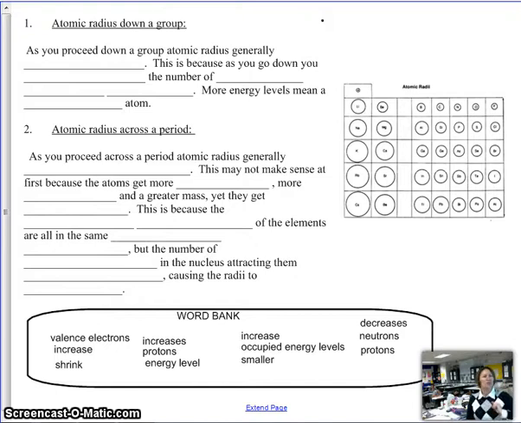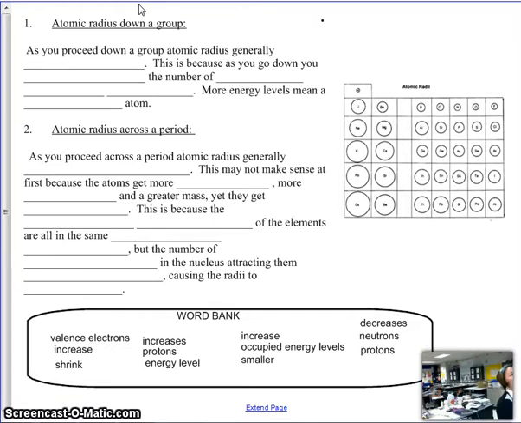Okay, I'm back. So as you go down a group, you can see that the atomic radius generally increases. This is because as you go down, you increase the number of occupied energy levels.